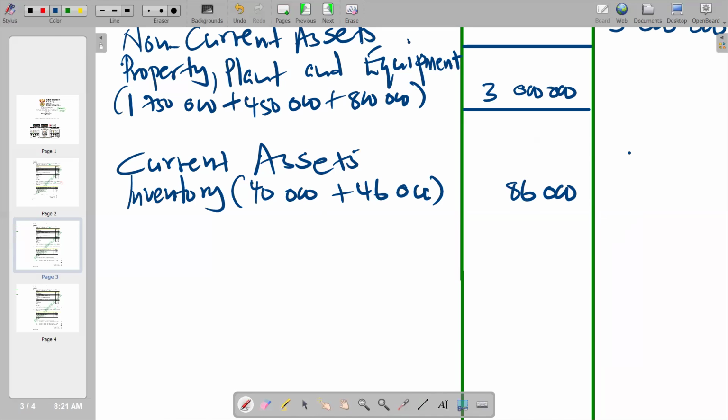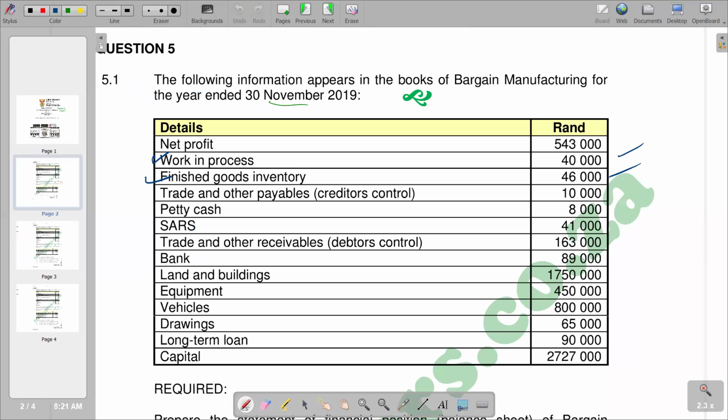86,000. We try to pick another current asset that we have. We have petty cash, representing cash and cash equivalents. Remember, components of cash and cash equivalents, we've got petty cash, we've got bank, we have also cash float if it's there. So in this case, we have got a petty cash. We check, we also have bank that we have here, 89,000. To go down, we see that we have got only two. So we're going to say 8,000 plus 89,000 for cash and cash equivalents.